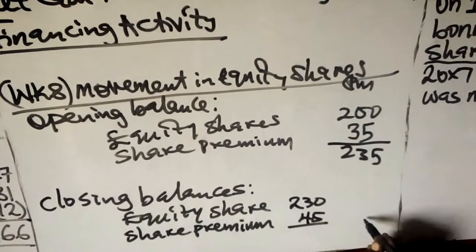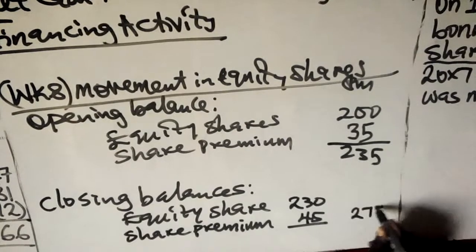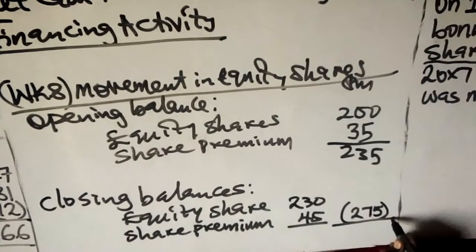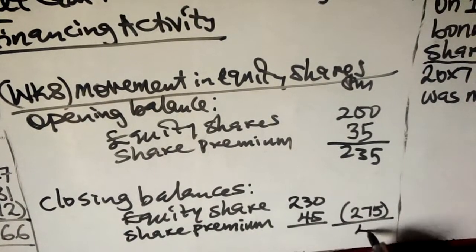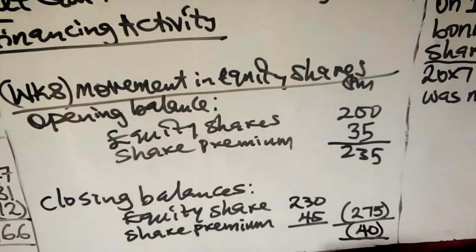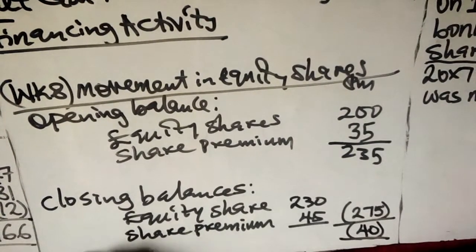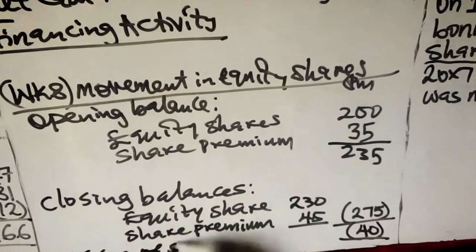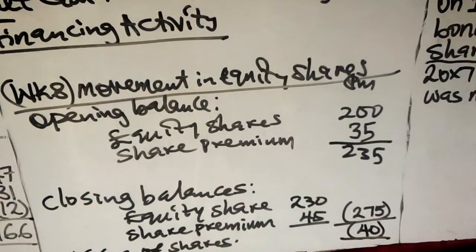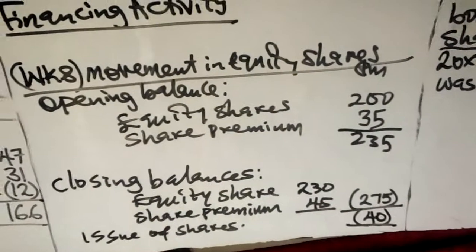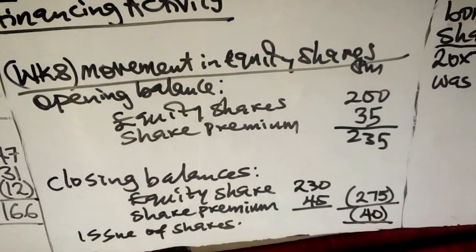When you sum it up, you have 275. If you subtract 235 from 275, you'll be left with 40. That is the issue of shares. Issue of shares of 40 was made during the year.